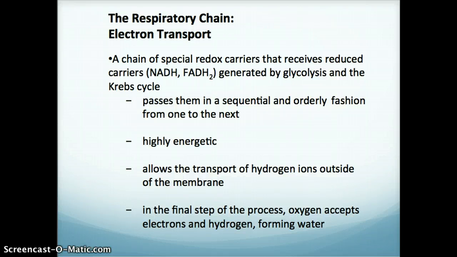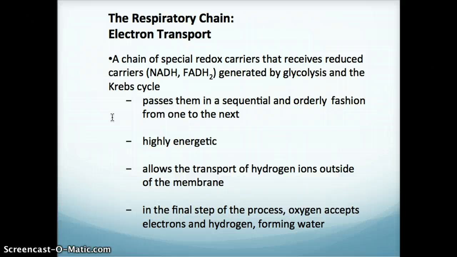So from the Krebs cycle, we're going to go and look then at the electron transport, and remember, this is where we have those reduced carriers. We have NADH and FADH2 that were generated by glycolysis and the Krebs cycle. These are going to pass these electrons in a sequential and orderly fashion from one to the next in the carriers that are found in the electron transport chain.